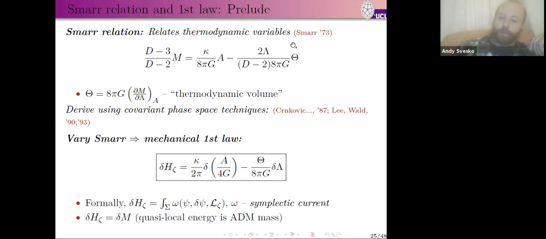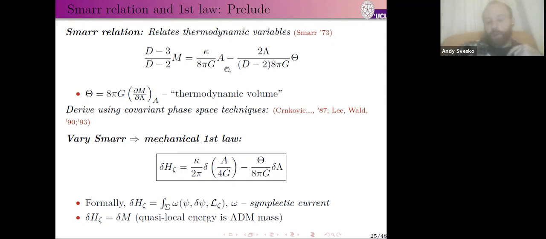And something that Carlos asked earlier is about the volume and the pressure. This is often interpreted as a volume-pressure type term, where lambda gains the interpretation of a pressure, and this theta is often interpreted as a thermodynamic volume because it's the variable conjugate to a pressure. And we'll see this show up in a moment with our AdS2 space.